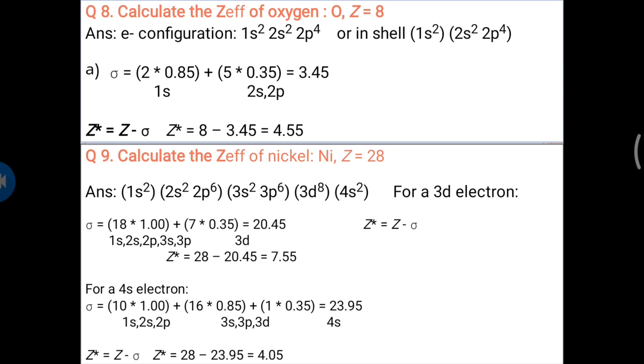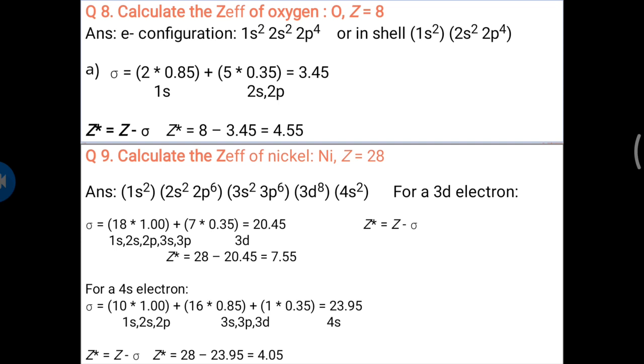So what is the effective nuclear charge of the oxygen atom? Z minus sigma: Z is 8, minus 3.45 is equal to 4.55. This is the effective nuclear charge of the oxygen atom.